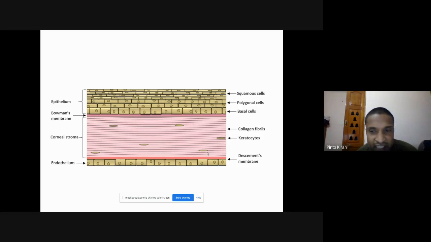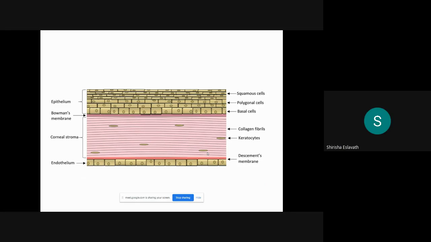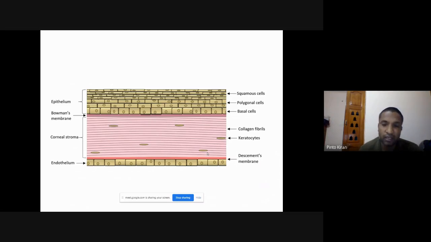What is the name of that pre-Descemet membrane? Dua's membrane, sir. Very good, excellent. That could be one of the potential questions. Dua's layer, though it's controversial, has now recently been detected.